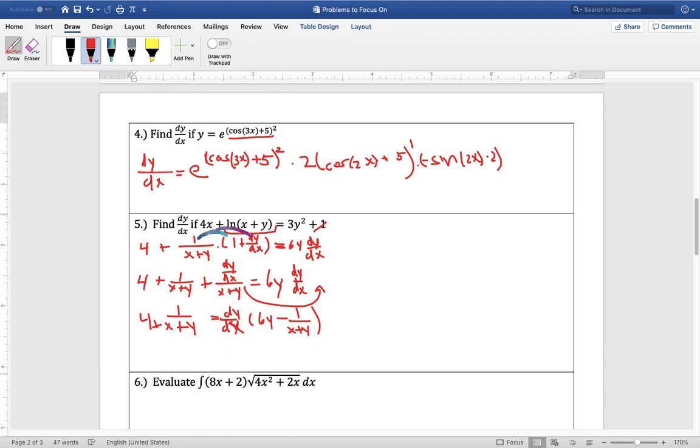And of course, the last step is to divide this parenthesis underneath the left-hand side.